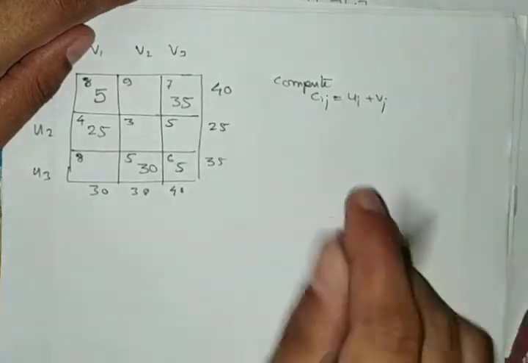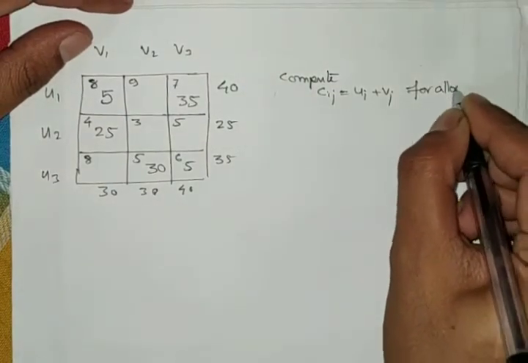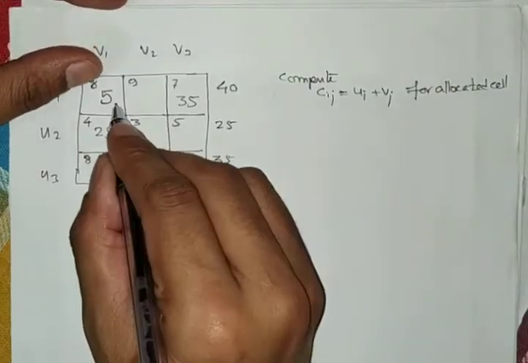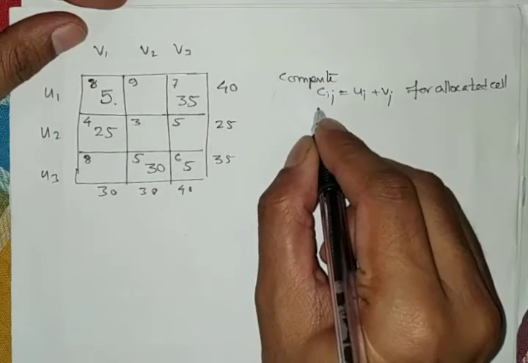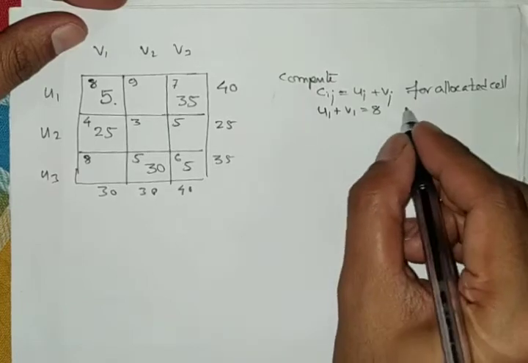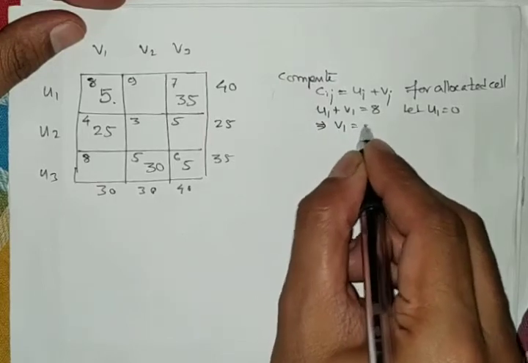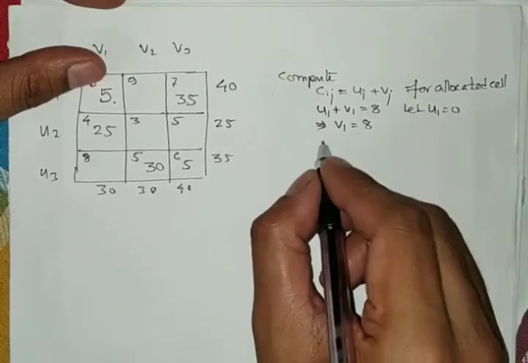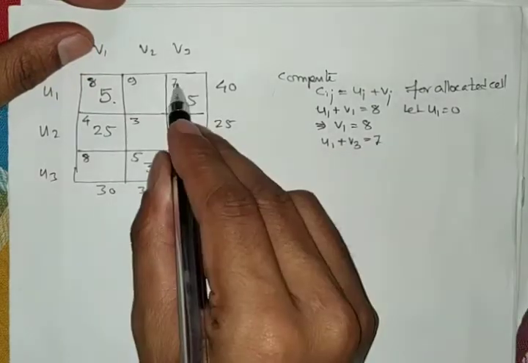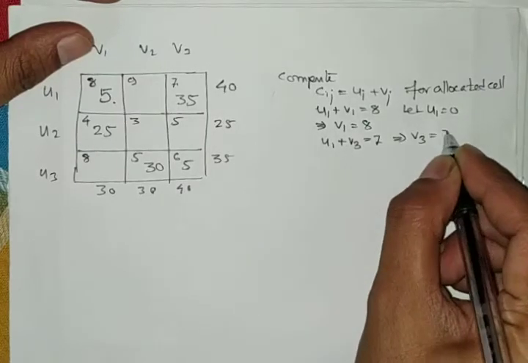for allocated cells. So allocated cell is this one, so u1 plus v1 is equal to 8. Let u1 is equal to 0, so in that sense v1 is equal to 8. Similarly, u1 plus v3 is equal to 7, so v3 is equal to 7.